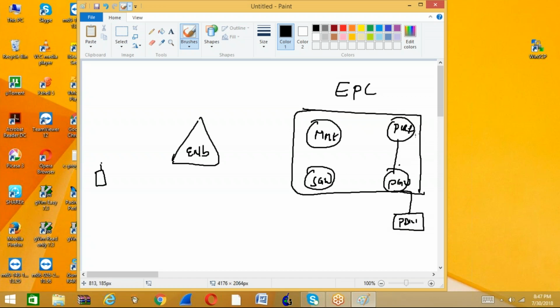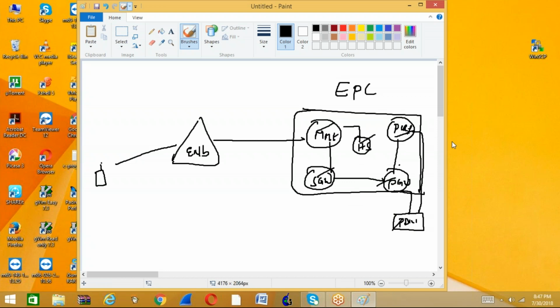So this is how the whole system is, right? So we know the functionalities of each and every node now. We know what eNodeB is doing, what MME is doing, what HSS is doing, what S-Gateway is doing, what PCRF is doing, what P-Gateway is doing, and what PDN is doing.